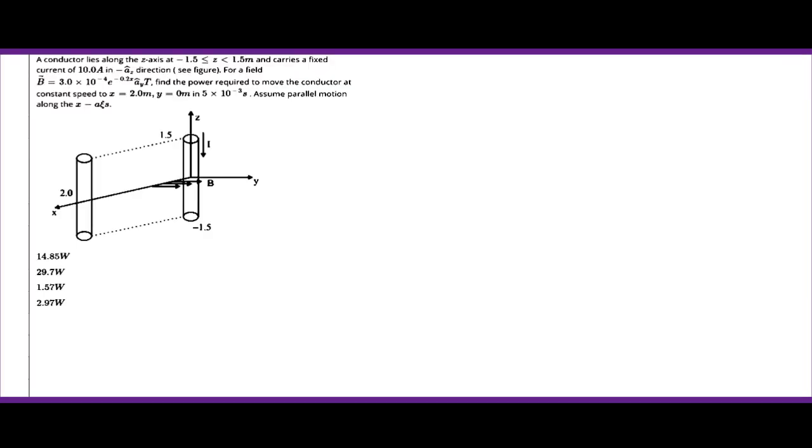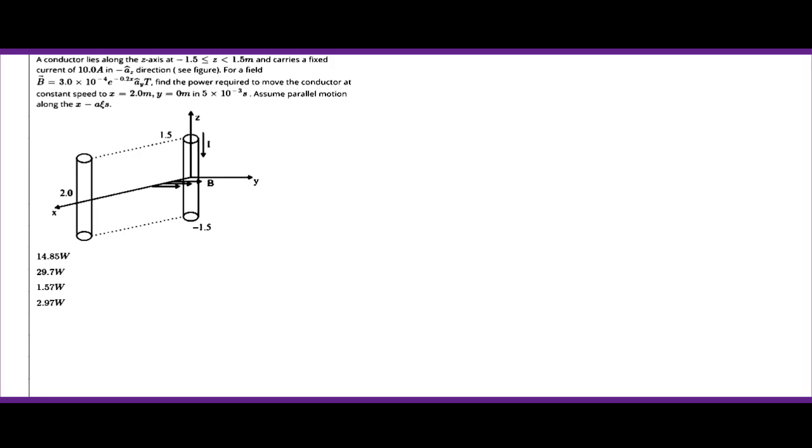Hello students, we have a question. A conductor lies along the z-axis. These are the coordinate points of the extreme points of the length of the conductor. This is one point, this is another point. So its length is 3 meter and it carries a fixed current of 10 ampere in the negative z direction.